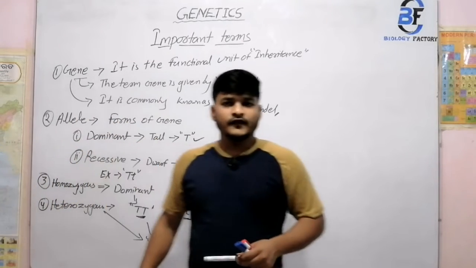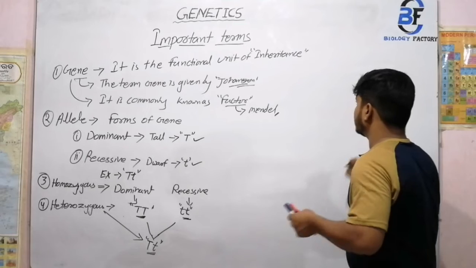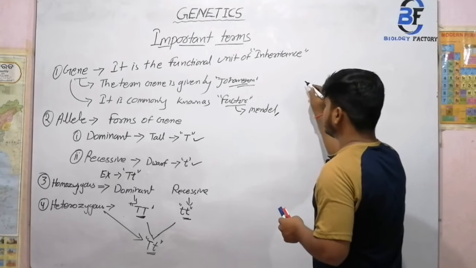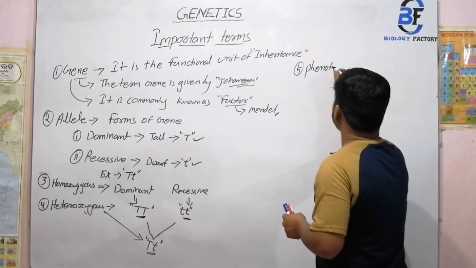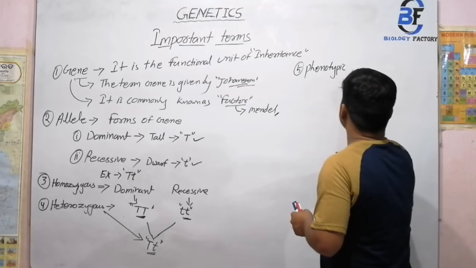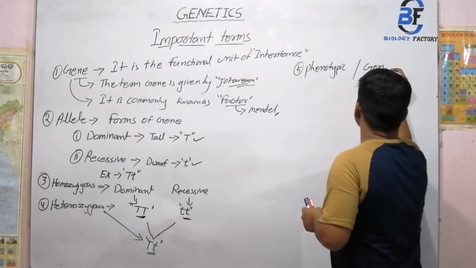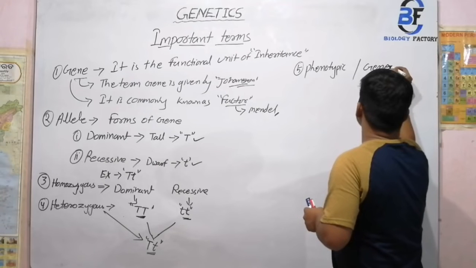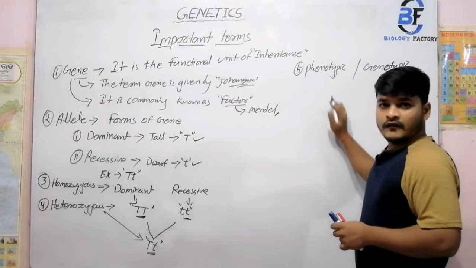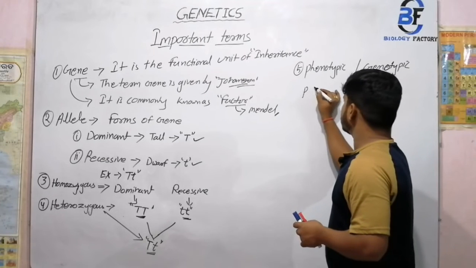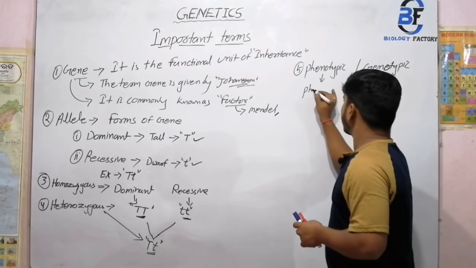Next, the phenotypic and genotypic condition. Our next important term is phenotypic condition, which means physical appearance.